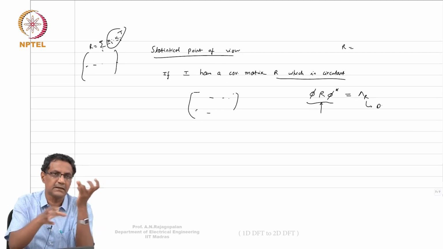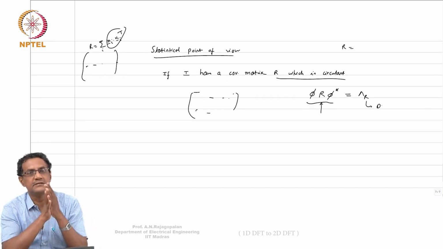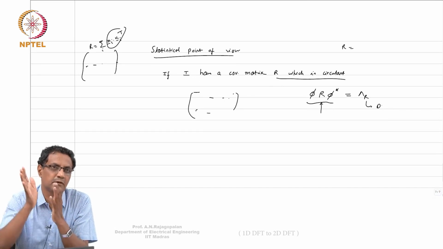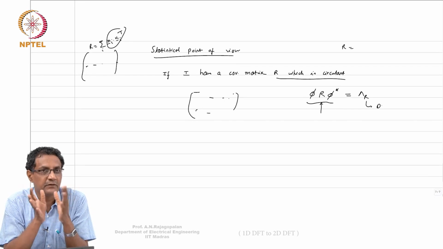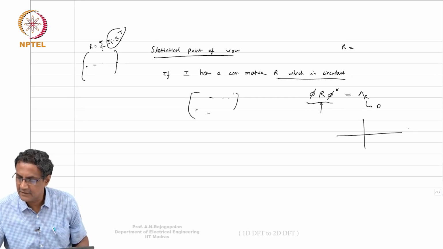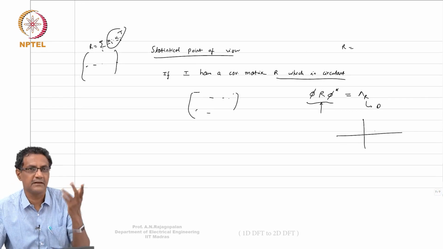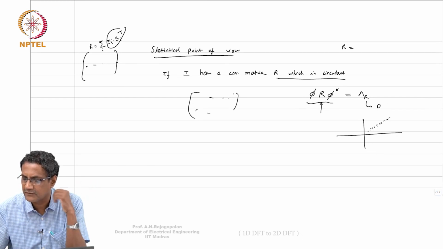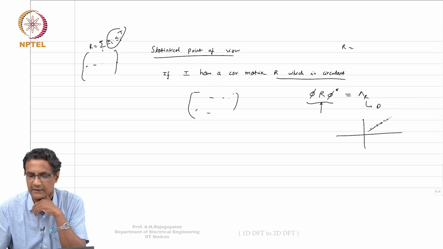Decorrelation is something that we will see when we do the KL transform. It simply means reorienting from your standard basis to another basis in which things look different. It's like saying you have a standard basis, these are your x and y, but suppose I had some data that lies very closely like that.